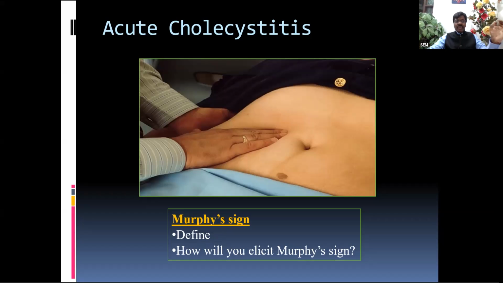So you should be very good at explaining to the examiner. Patient lying, deep inspiration. I put my palm just below the right costal margin, along the mid-clavicular line. The patient will have a pain on deep inspiration.